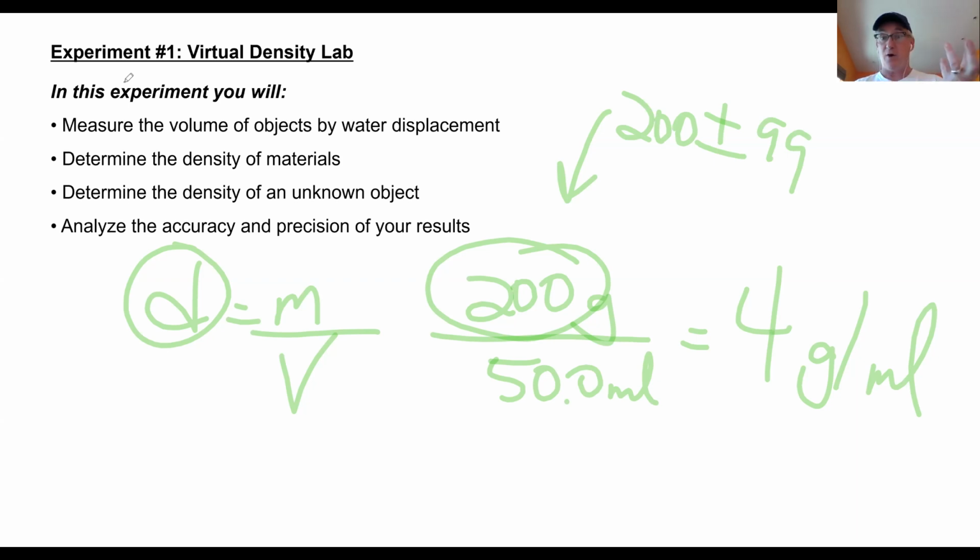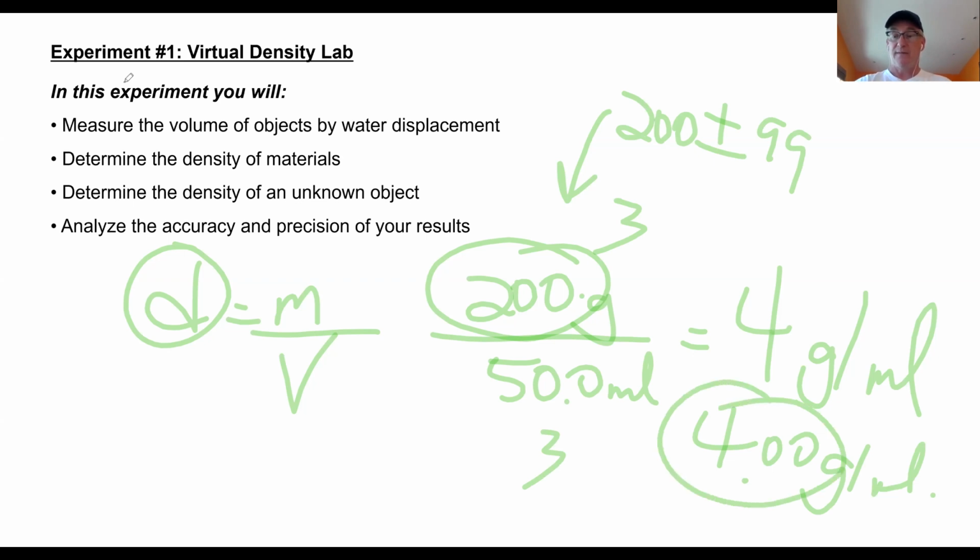So I know it's not 100 and I know it's not 300, but it's somewhere in between. That's really all you're saying when you have 200 without anything else. If I put a decimal at the end, then I could say 4.00 grams per mil because I would have 3 significant digits on the top and 3 significant digits on the bottom. So then my reported density should also have 3 significant digits.